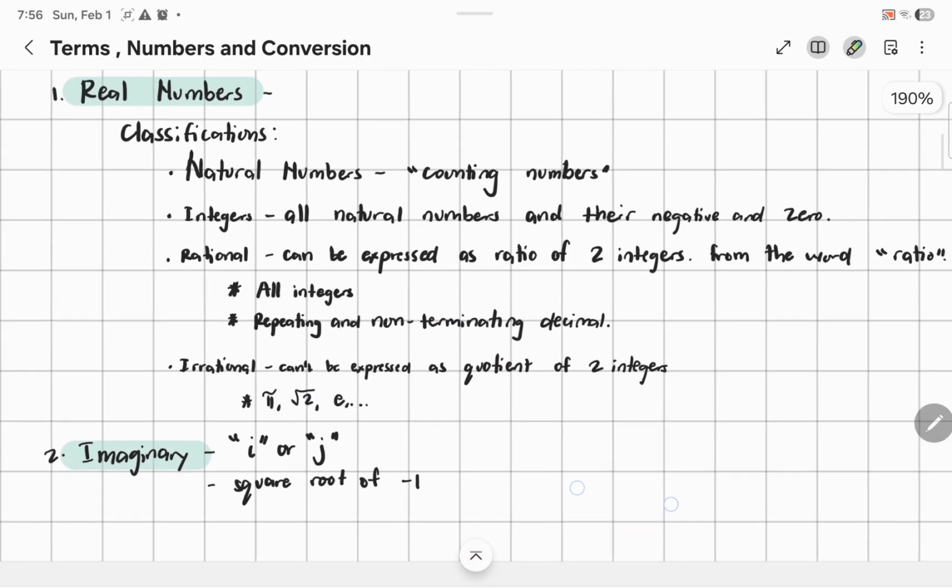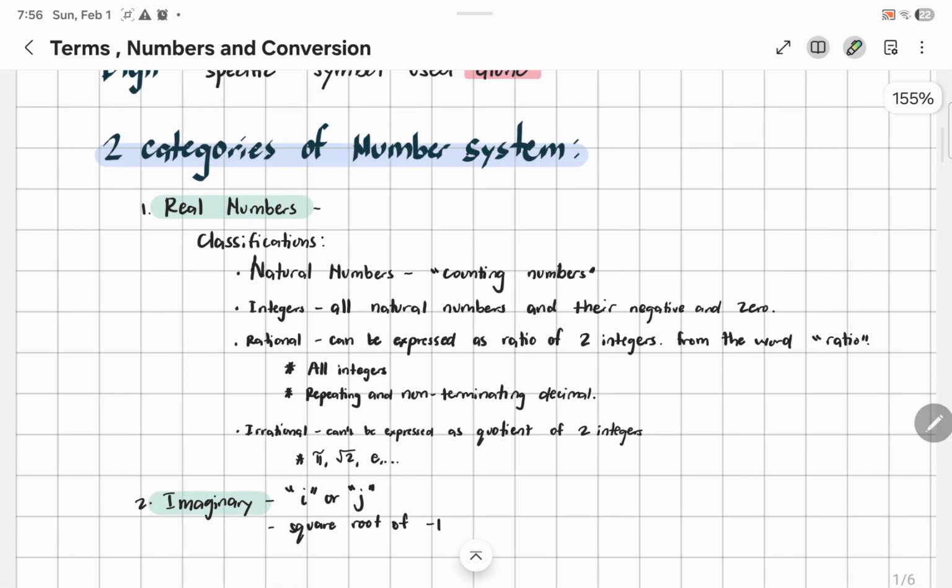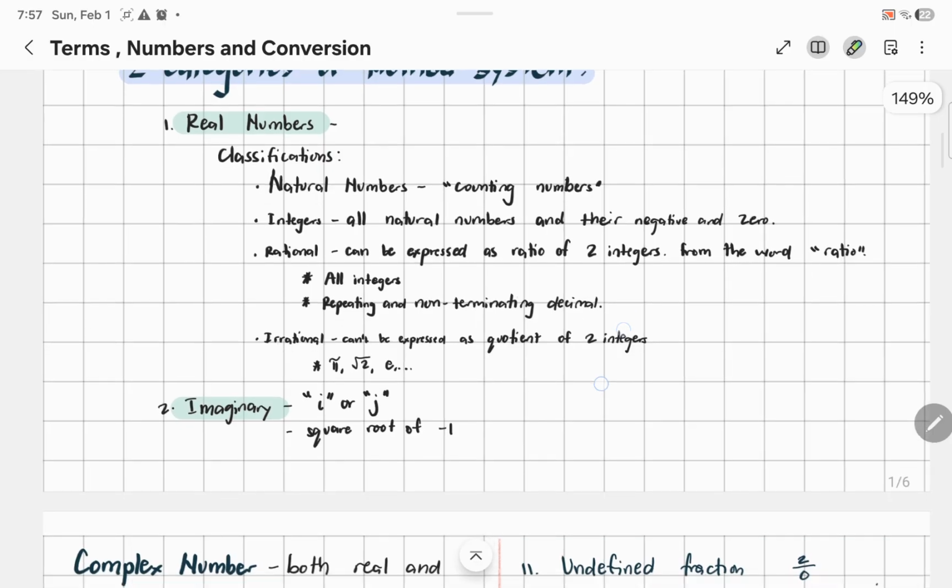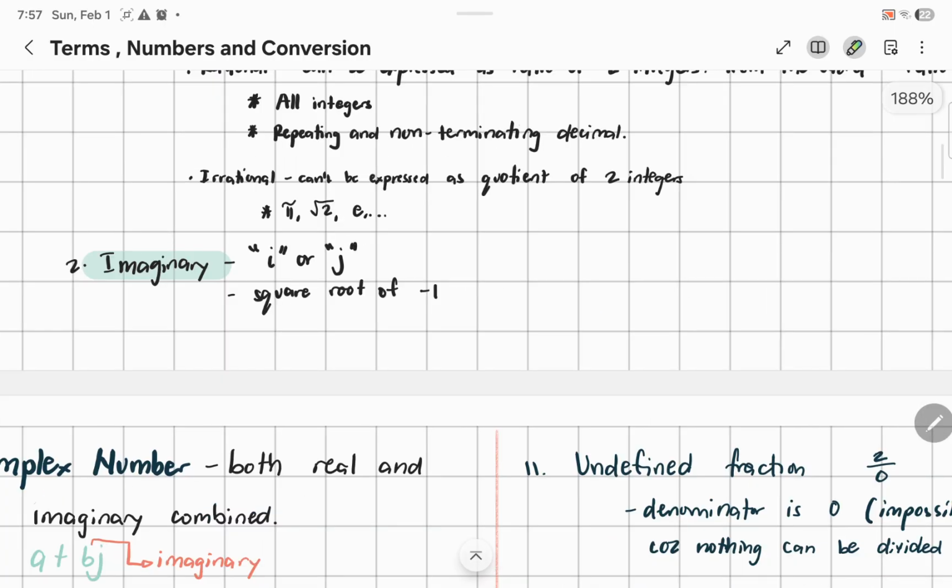Okay, next we have the second category of the number system. We have the imaginary numbers. These are often referred to as the i, or in electrical engineering, it is often referred to as the j. So this is simply the square root of negative 1. So i is equivalent to the square root of negative 1. So i squared is simply the square of the square root of negative 1.